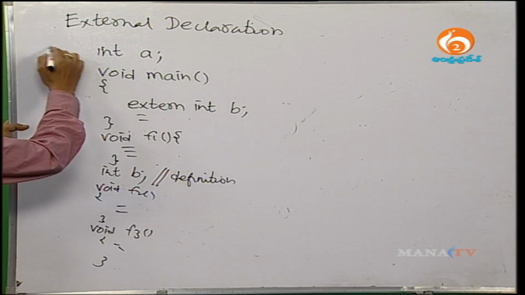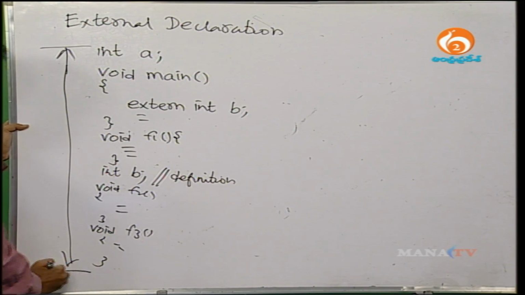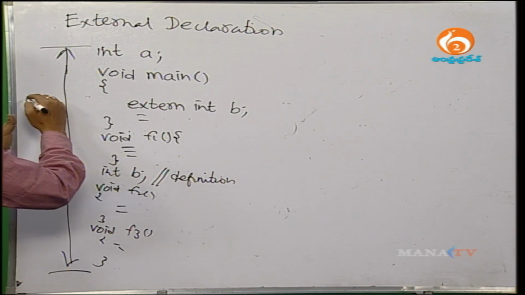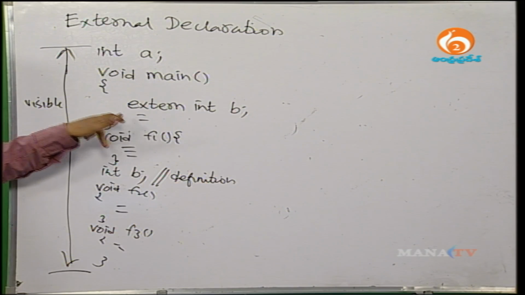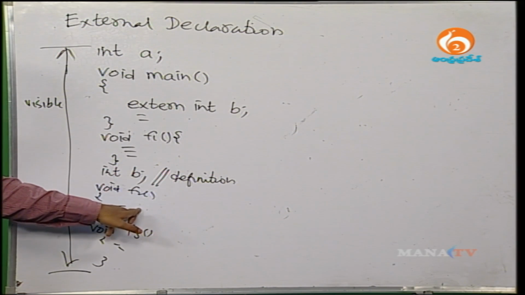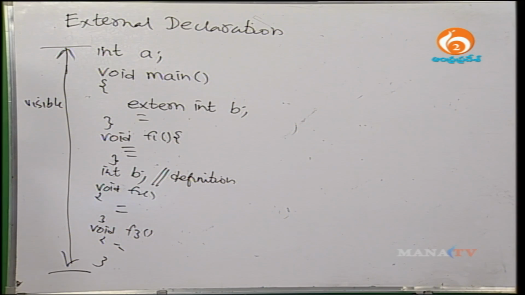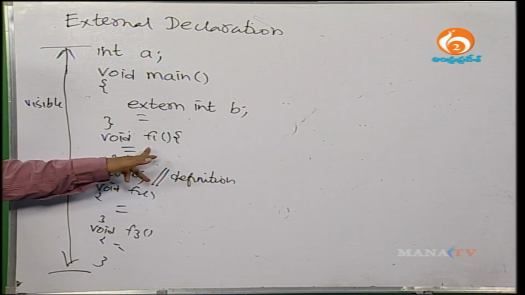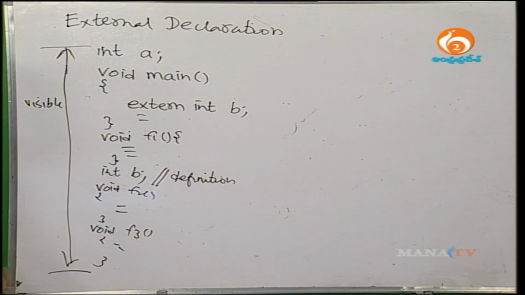So here a is visible throughout this program. I can access it in the main function, in the f1 function, in the f2 function, and in the f3 function, because it is global.